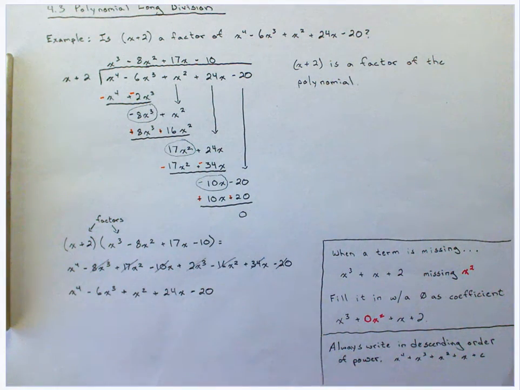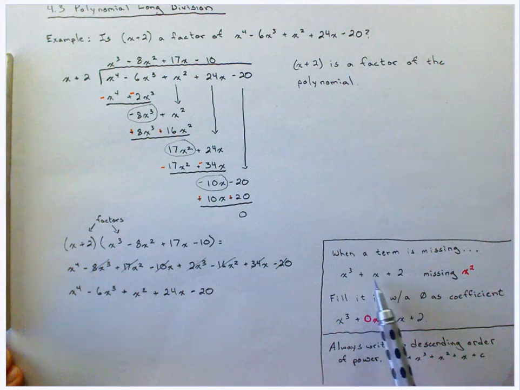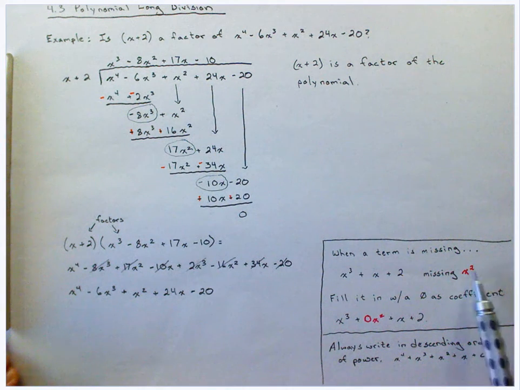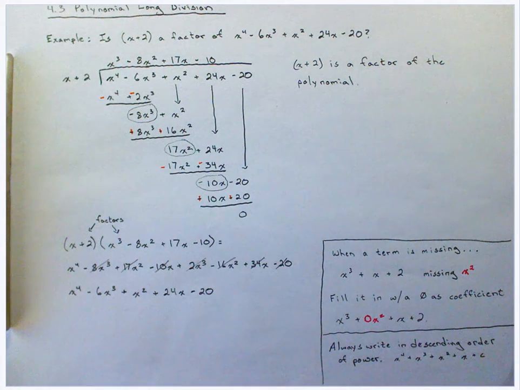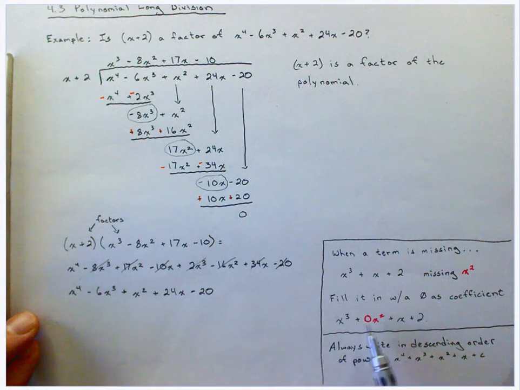On a side note, with our long division, what you need to remember is when a term is missing. So you have x cubed plus x plus 2. It's missing the x squared. Because as we learned earlier, we write our powers in descending order. Well, there isn't an x squared. You need to fill that in. 0 is a place saver.